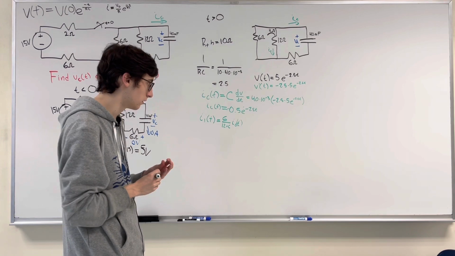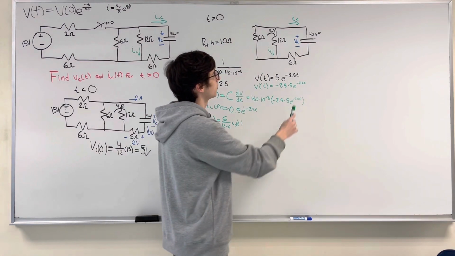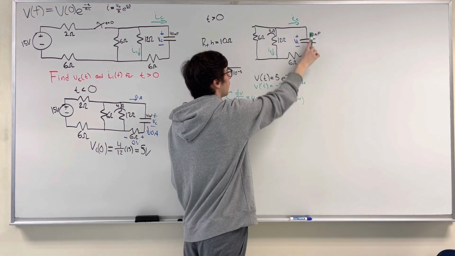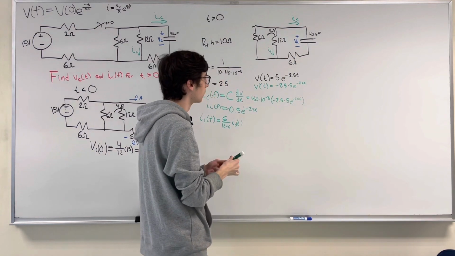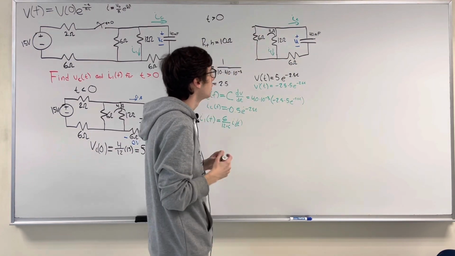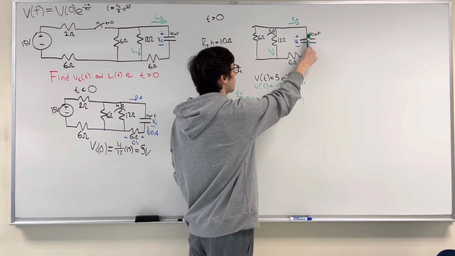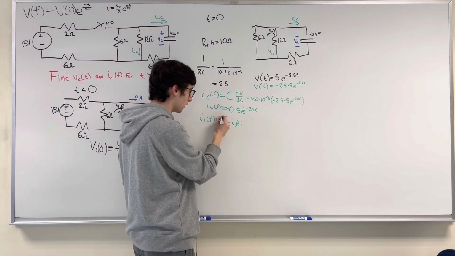We also need to pay attention to that the current of the capacitor is flowing in, but the current for the resistor is flowing down. So that means they're going opposite ways, because by convention, the current should be flowing out of the positive terminal. So that means this whole equation needs to be negative.